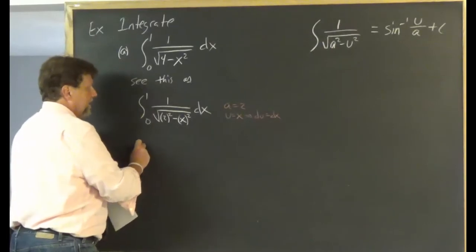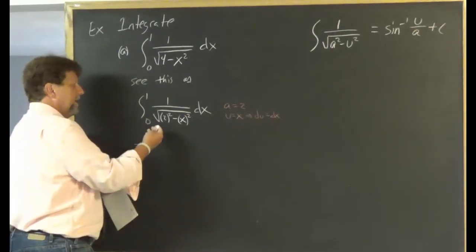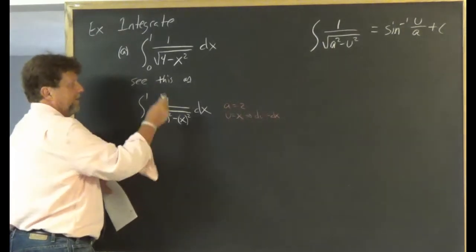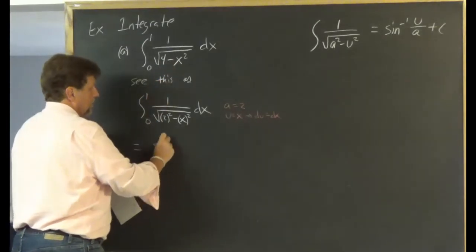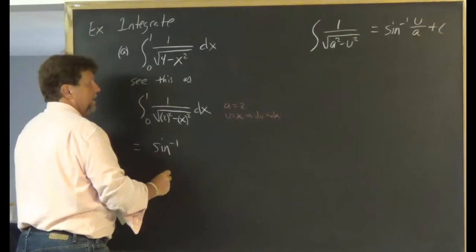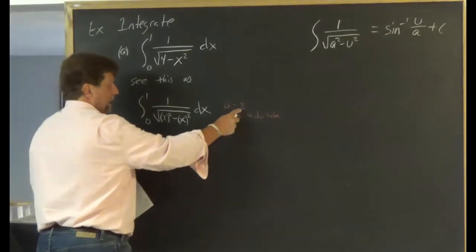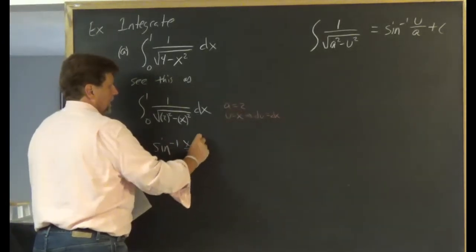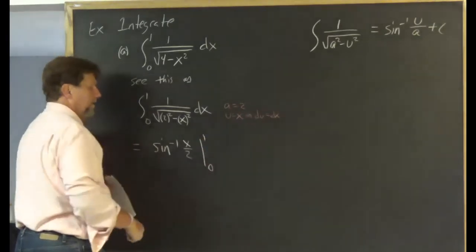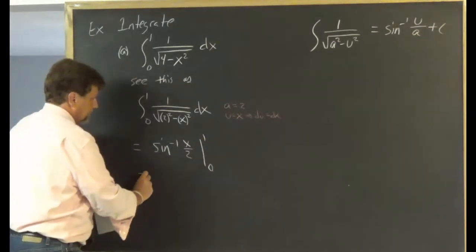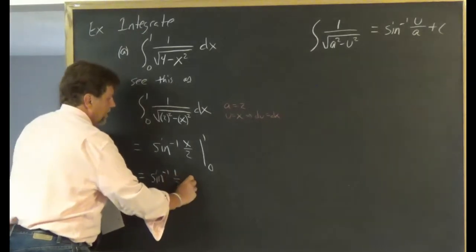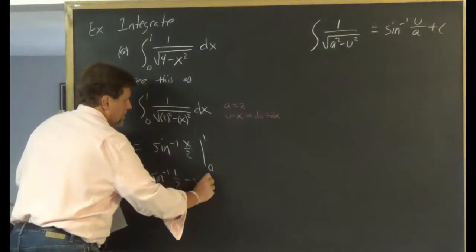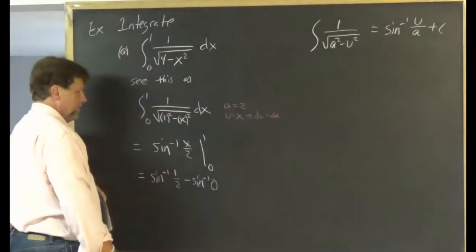And I can immediately get the antiderivative because I know it's inverse sine u over a. So it's inverse sine of x over 2, and I need to evaluate that from 0 to 1. So I get inverse sine of 1/2 minus inverse sine of 0.